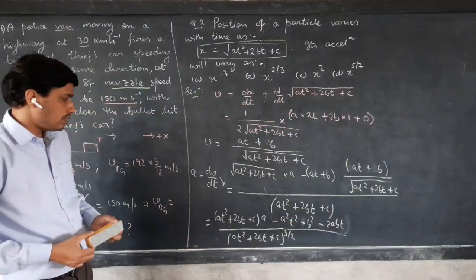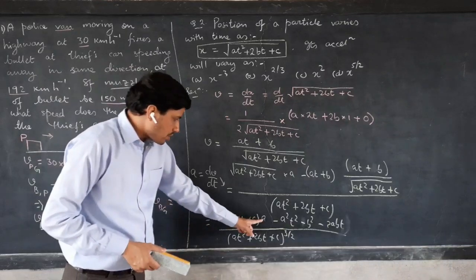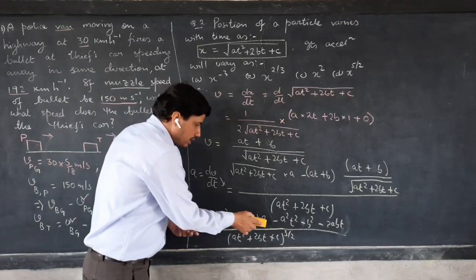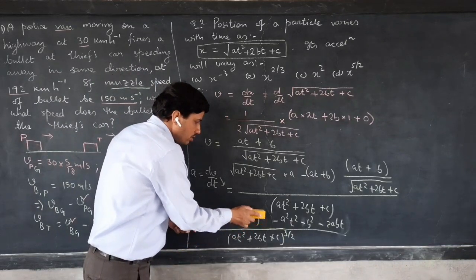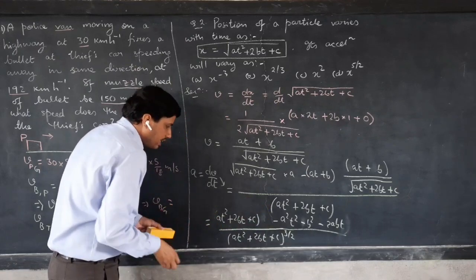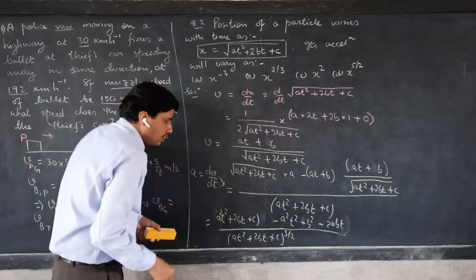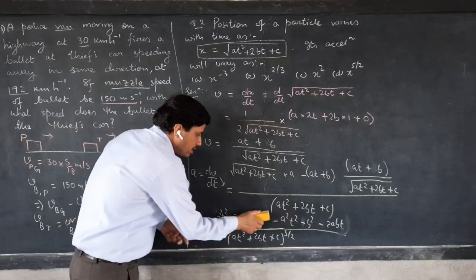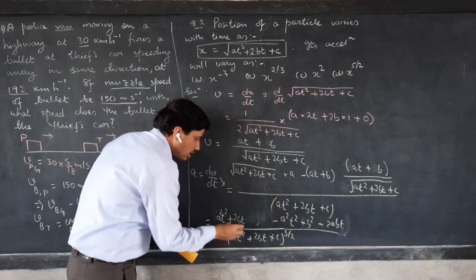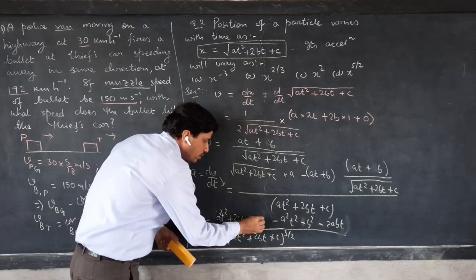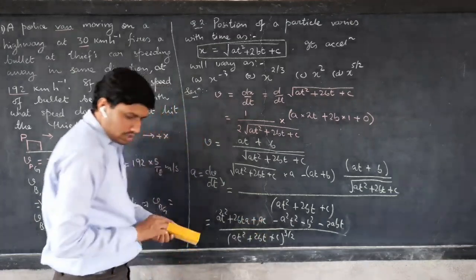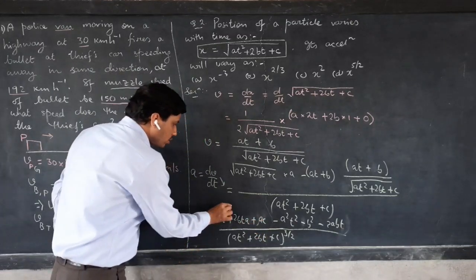Now we have to solve this. So you can say the first term, A, I'm multiplying this A to each of these three terms. So if you multiply A, this will become A square T square. This will become 2ABT, and C will become AC. Now you can see, students, A square T square will cancel.